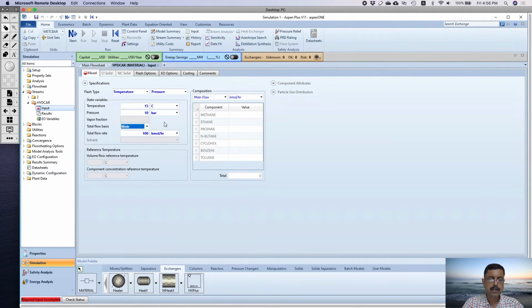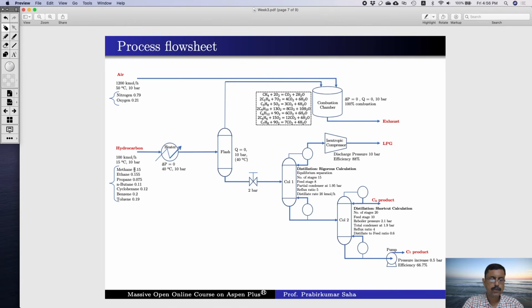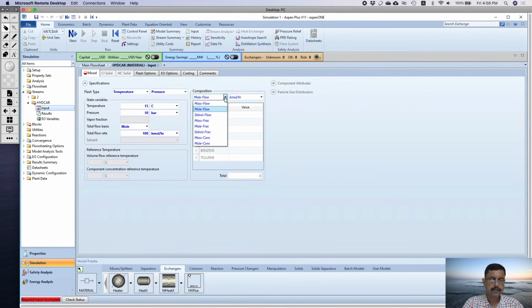Now composition, we can give individual mole flow, but we have it in the mole fraction, so we have to write mole fraction.